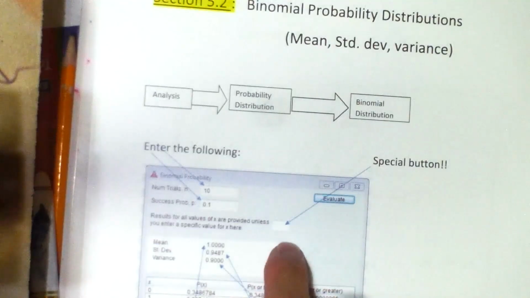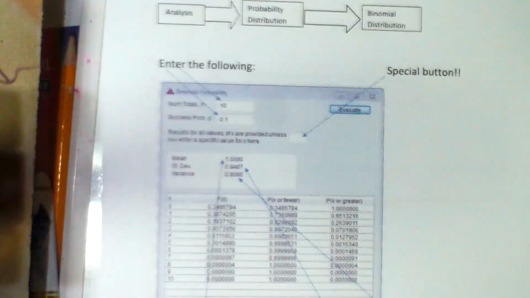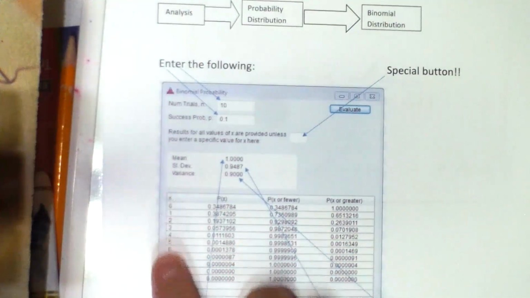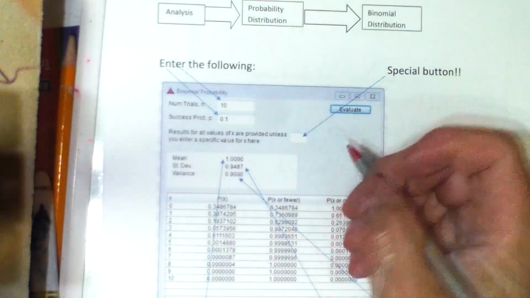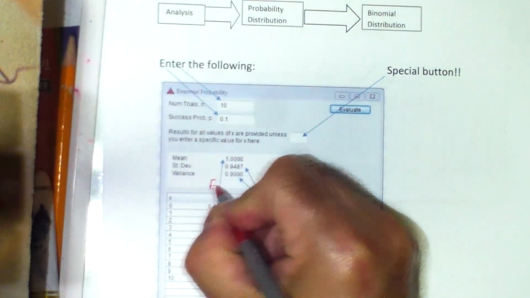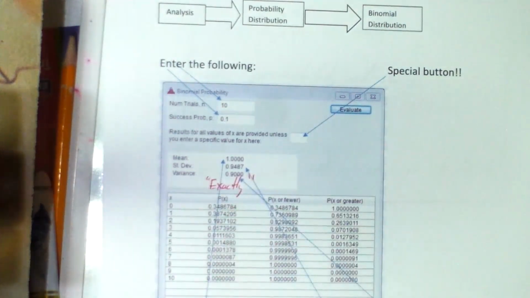So if you have a handout copy of it, what I want you to do is, don't label the random variables. You're going to label your P of X, and on top of the P of X, you're going to put the word exactly. This is the exactly column.